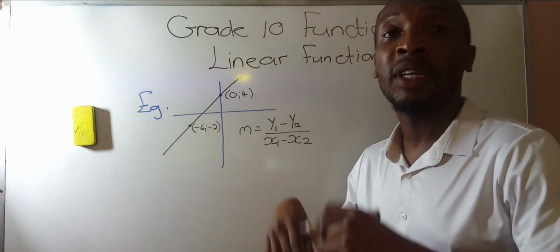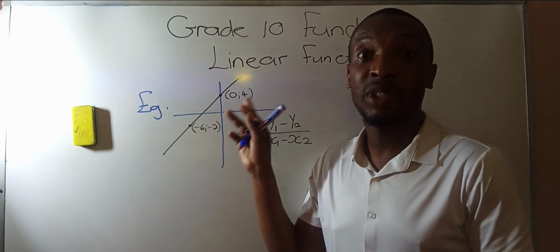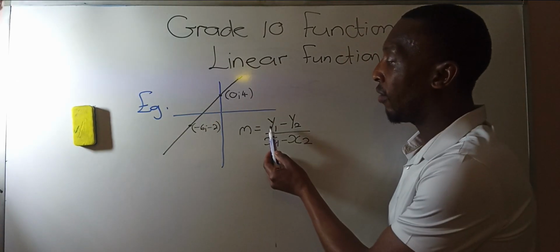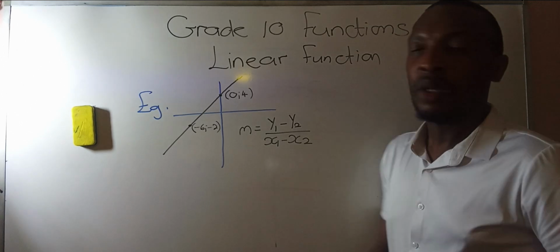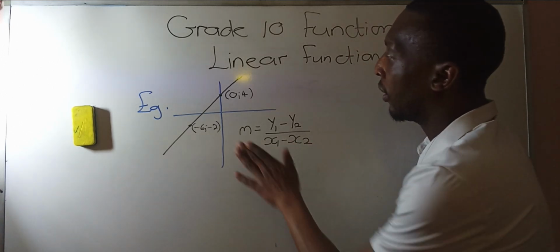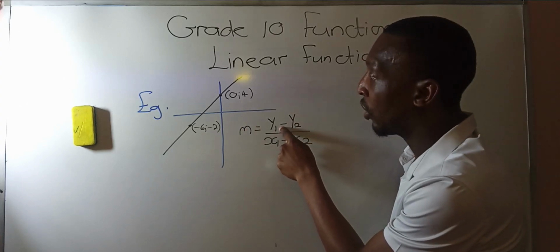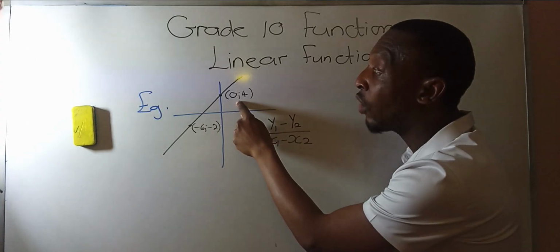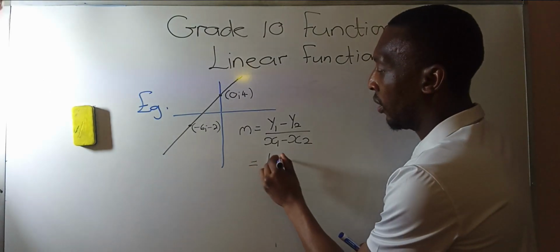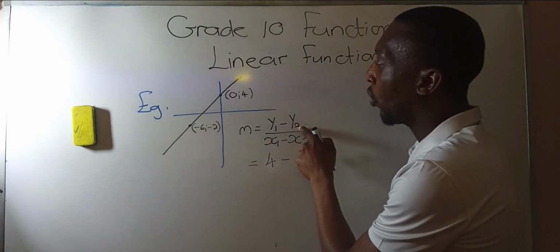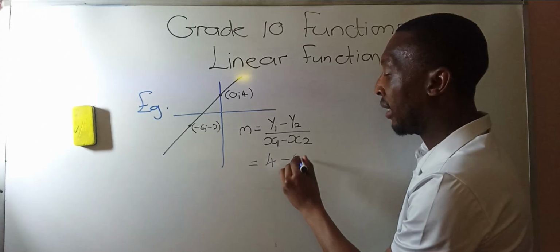In other textbooks or in a test, they could call this point A and another point B, or C and D. In that case, you would have y of A minus y of B, etc. So let's say this is my point 1. If this is point 1, the y coordinate of point 1 is 4. So the gradient is 4 minus the y coordinate of point 2, which is -2. So it's 4 minus -2.